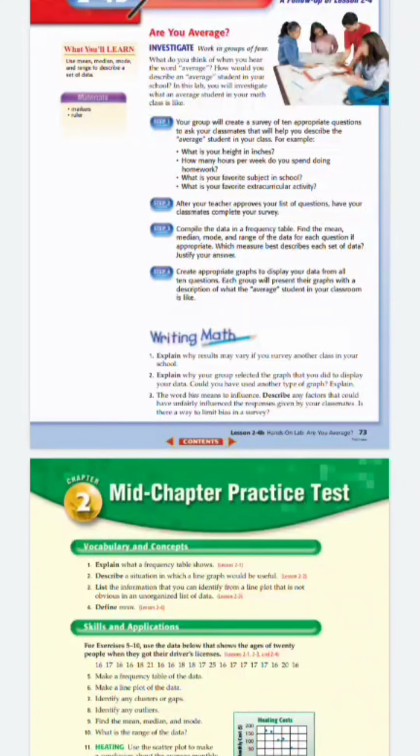Which measure best describes each set of data? Justify your answer. Step 4. Create appropriate graphs to display your data from all 10 questions. Each group will present their graph with a description of what the average student in your classroom is like.